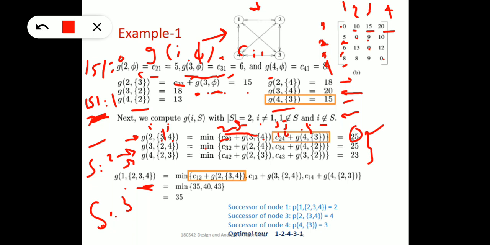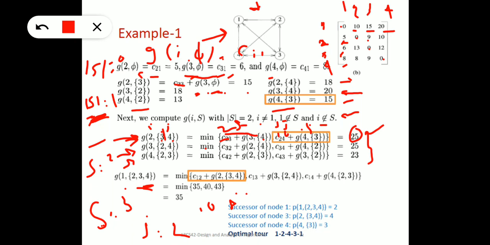So g of 1 comma 2, 3, 4, again by the second equation will now have the minimum of, i is 1 for the first time, j's value will be 2. So C of 1, 2 plus g of j is 2, and removing 2 from the set you have 3, 4. So you will get the value of C of 1, 2 from the adjacency matrix to be 10 plus g of 2 comma 3, 4, you get it from the previous step, so its value tends to be 25.